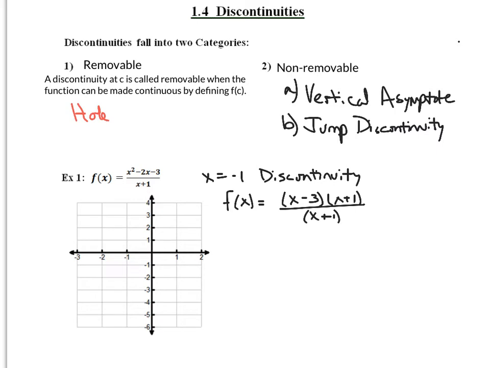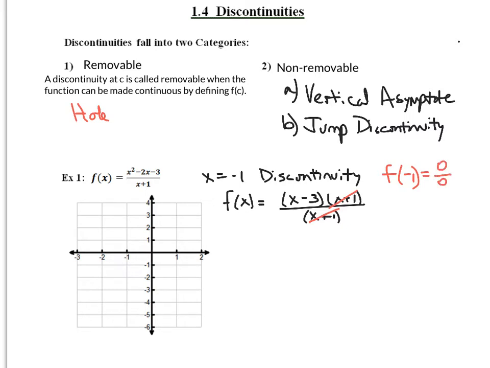So you'll notice that I can cancel off that factor of x plus 1. The factor of x plus 1 actually made the numerator and denominator both be 0. So if I were to go back to my original function and substitute negative 1, I would end up in the numerator with 0 and the denominator with 0.